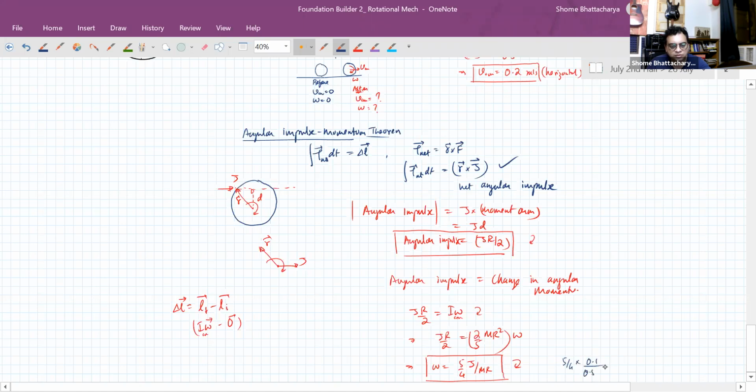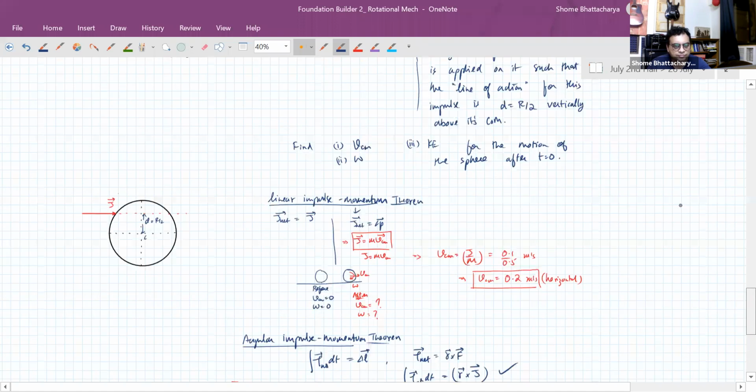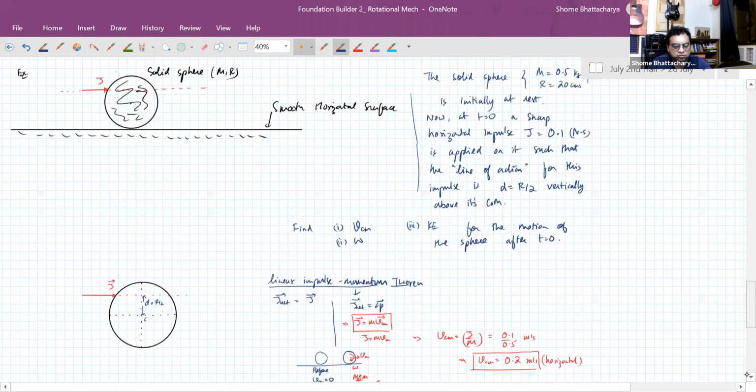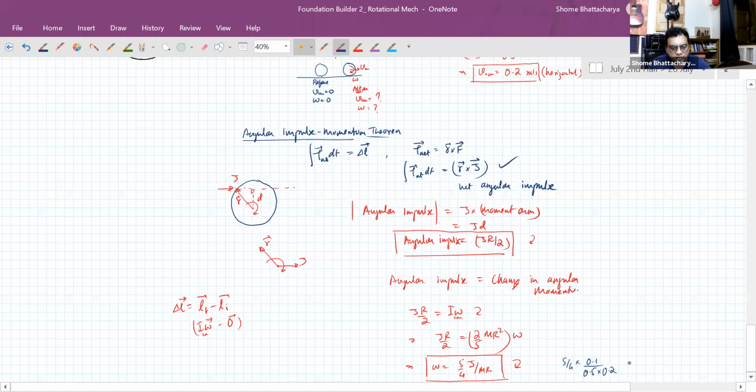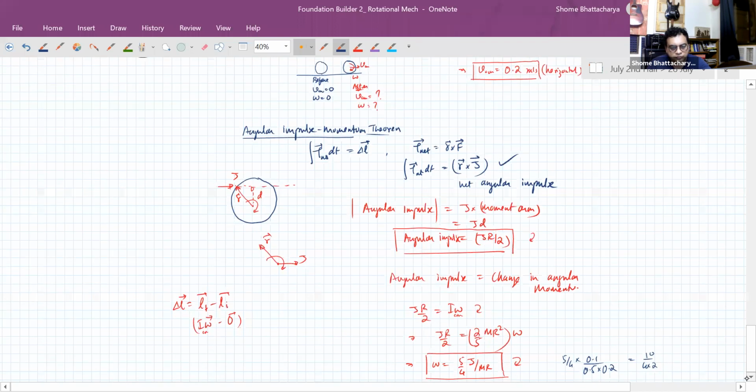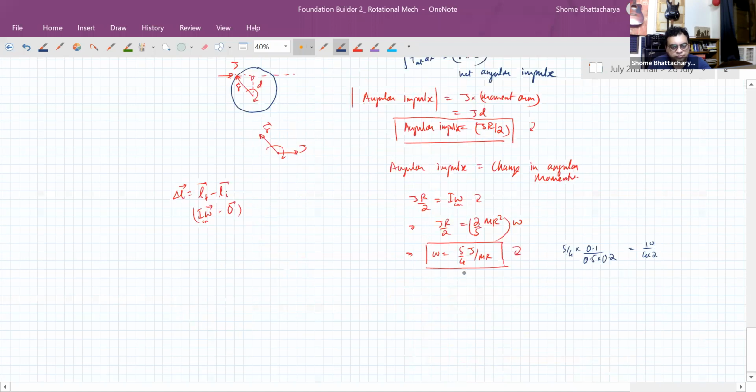Mass was half a kg, 0.5, and the radius was 20 centimeters, I think, 0.2 meters. So that's 1.25 radians per second clockwise.